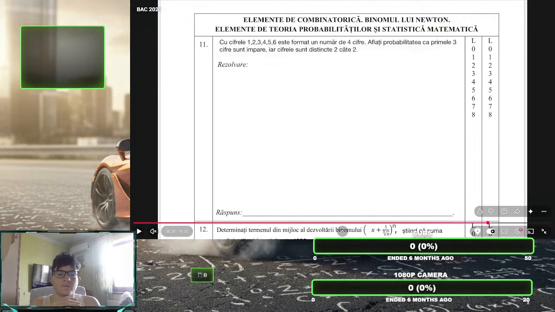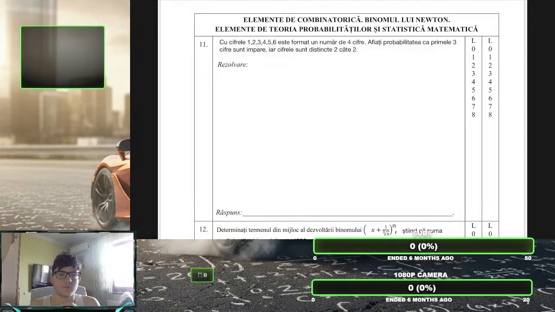So, probability. There are numbers 1, 2, 3, 4, 5, 6. And a 4-digit number is formed, probability that the first three digits are not 246. You know what I mean?